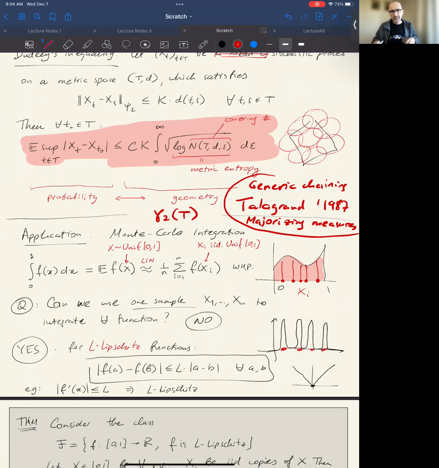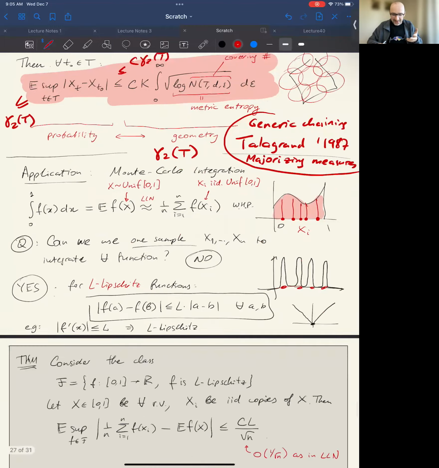I'll not explain what it is, but the point is that there is a formula that only depends on the metric geometry of T that controls the stochastic processes completely, which means that the expected supremum is greater than gamma T for some processes and less than C gamma T. The gamma T functional is much, much harder to work with than Dudley. So that's why I'm not recommending it to you.